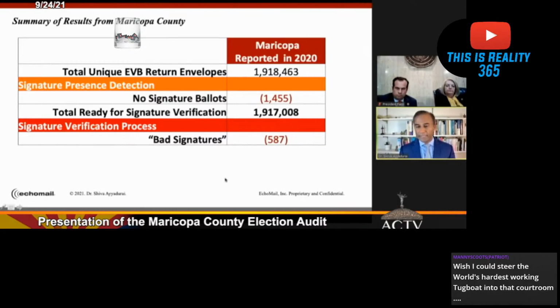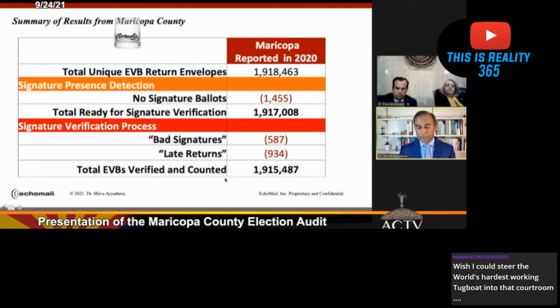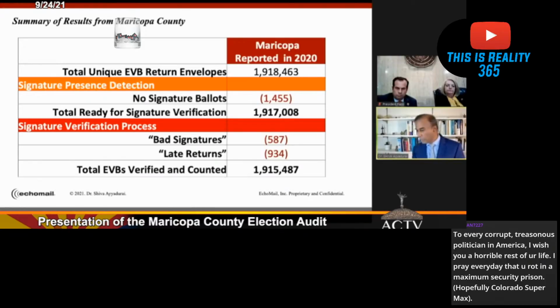So 587 were found to have bad signatures, 934 with late returns, for a total amount, which matches with what was reported, of 1,915,487. Okay, so this is Maricopa's reported results to the public.